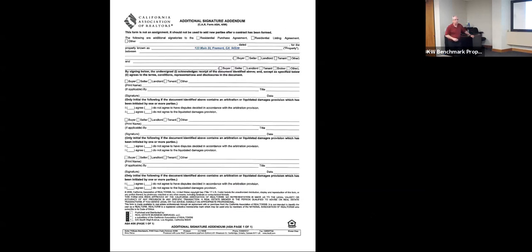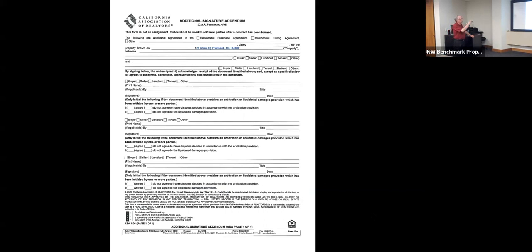Additional signature addendum. Our forms are set up for 2 sellers or 2 buyers. So if you have 3 sellers or 4 sellers, you need to use the additional signature addendum for the listing. You also use it when you have more than 2 buyers.